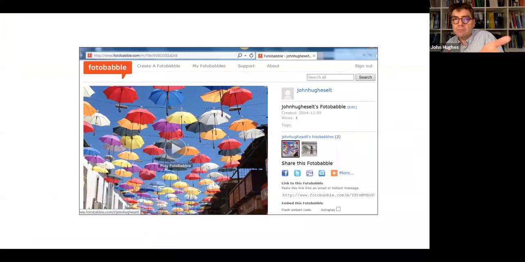So this photograph came from a lesson I did about holidays and travel, and I asked students to take a photograph from their holiday, put it on photobabble, and tell the rest of the class about the photo, where they took it, what it shows, and so on. It's the same activity, but I'm doing it asynchronously, and they're demonstrating their development.